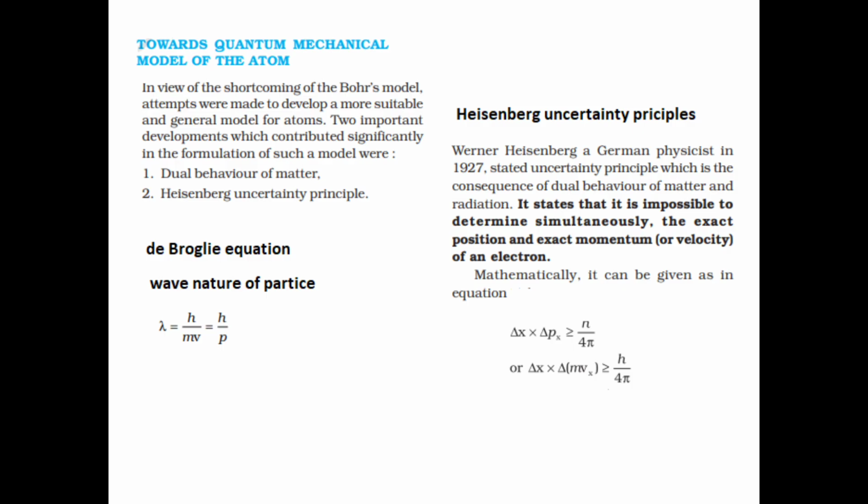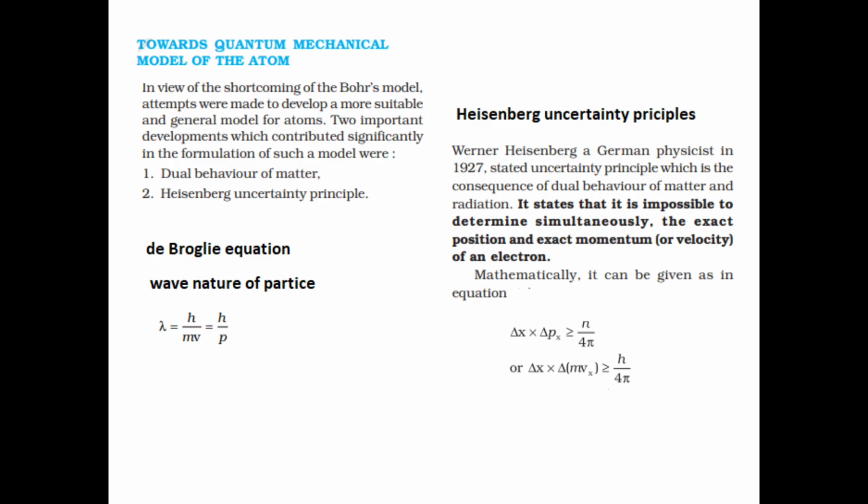The Heisenberg uncertainty principle states that it is impossible to determine simultaneously the exact position and the exact momentum of an electron.